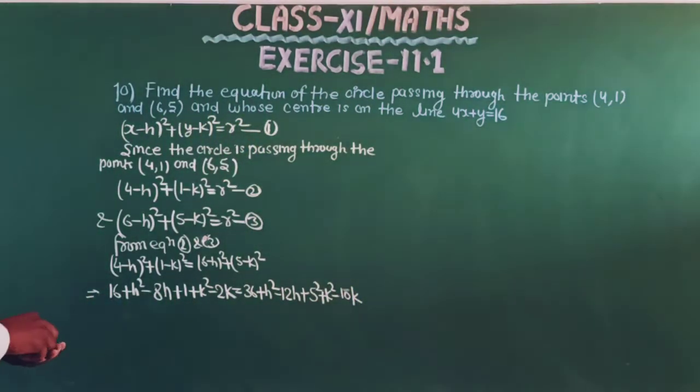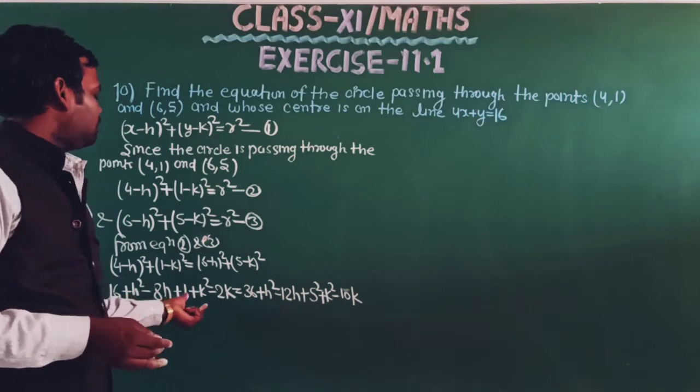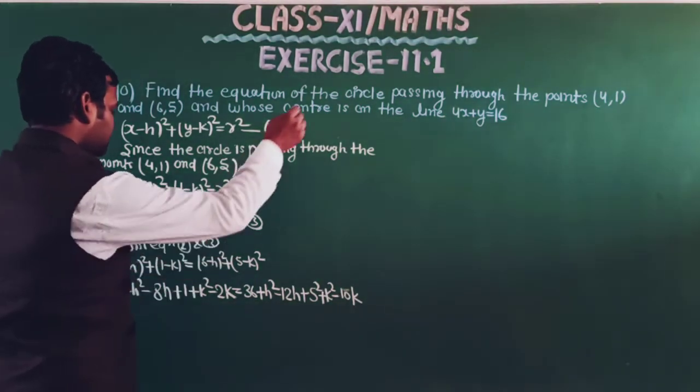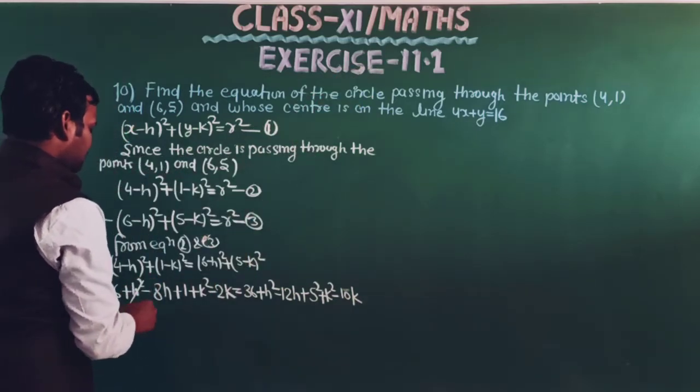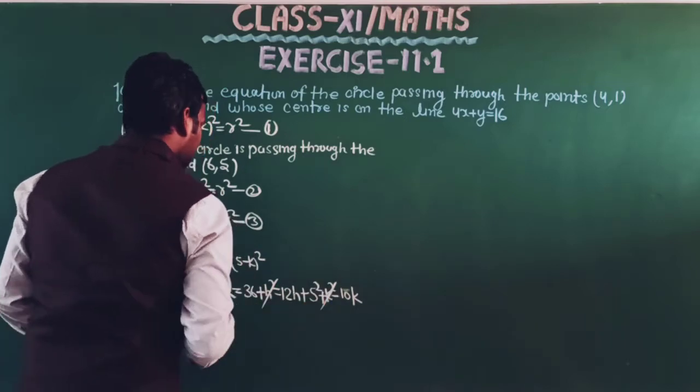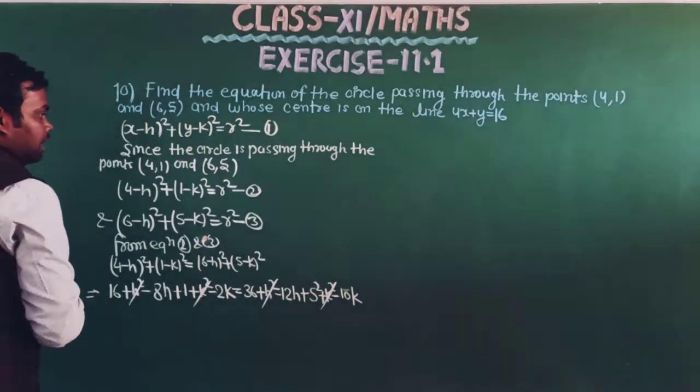Okay. Now we have to cancel out the common terms on both sides. So h square cancels out, k square cancels out. Again simplify.